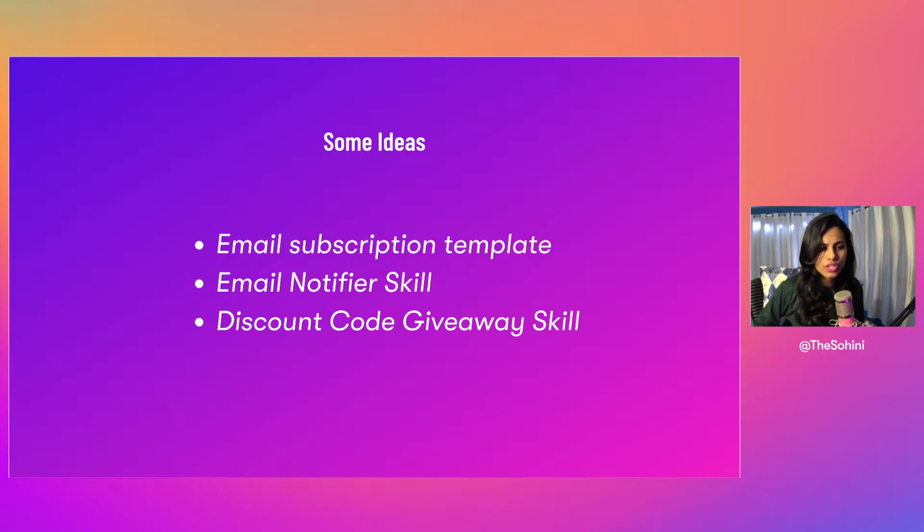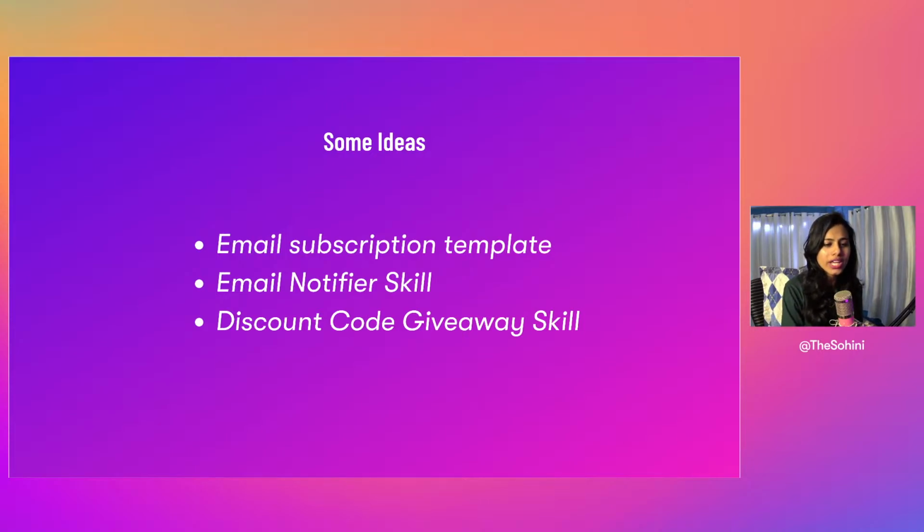Now coming to the third example, the discount code giveaway skill. This was something I was thinking about for a long time, and it could be a great example. If you go on Google, sometimes I have searched for dummy coupon codes for, let's say, a Udemy course or a Coursera course, or the ones that most education institutes have.